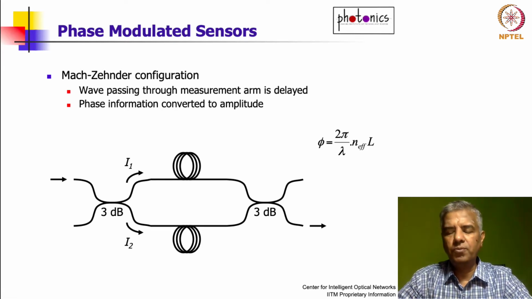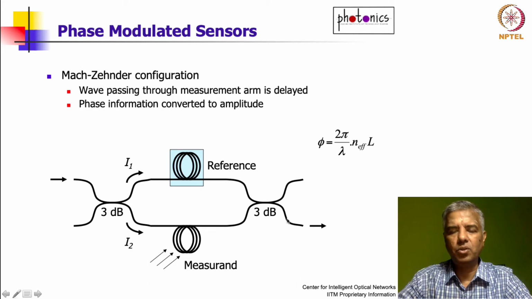If you look at the combined product, the fields from both these arms are going to beat with each other. One of them can be looked upon as a reference arm, and the other one as the measurement arm. I'll tell you why that terminology is important.